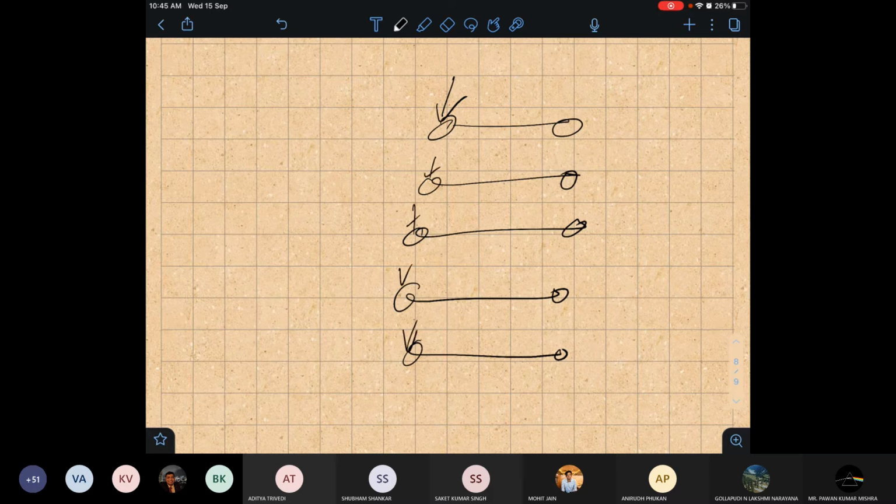Then there could be an edge this way, but this edge does not go in the maximal matching because one of its endpoints is already in the solution. Then who will cover this edge? We need to cover this edge also in the vertex cover. So that's why I need to pick this also. Otherwise, my solution will not be a vertex cover. I guess it is clear now.